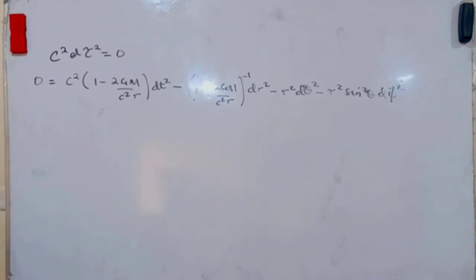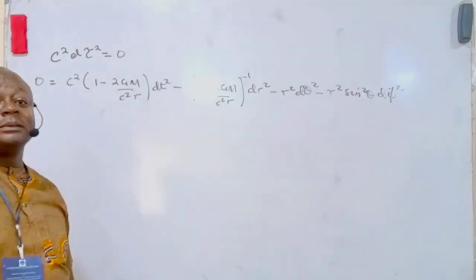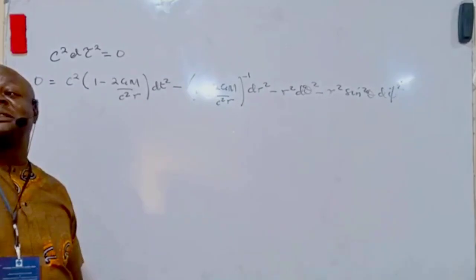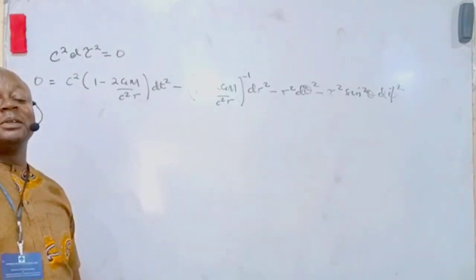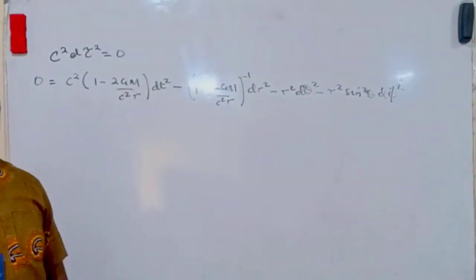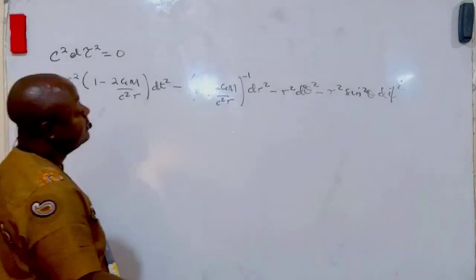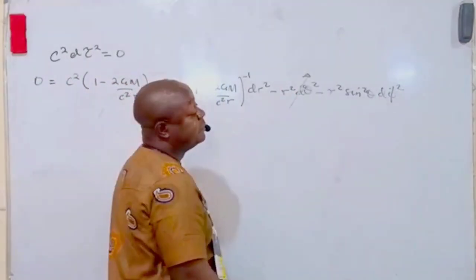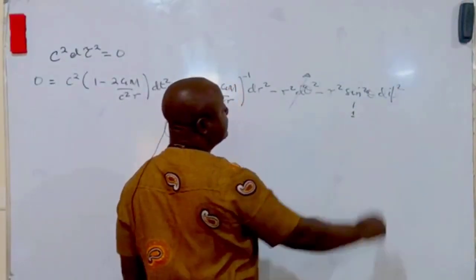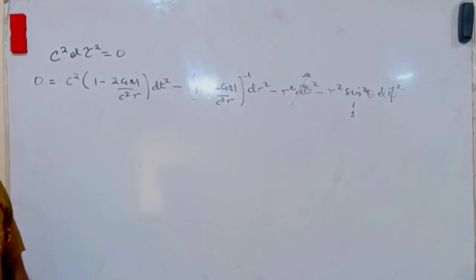And then again, we are going to restrict ourselves to the equatorial plane to make life easier for us. Building on what we said yesterday, this term goes and this will be 1, because at the equatorial plane, theta is pi over 2.